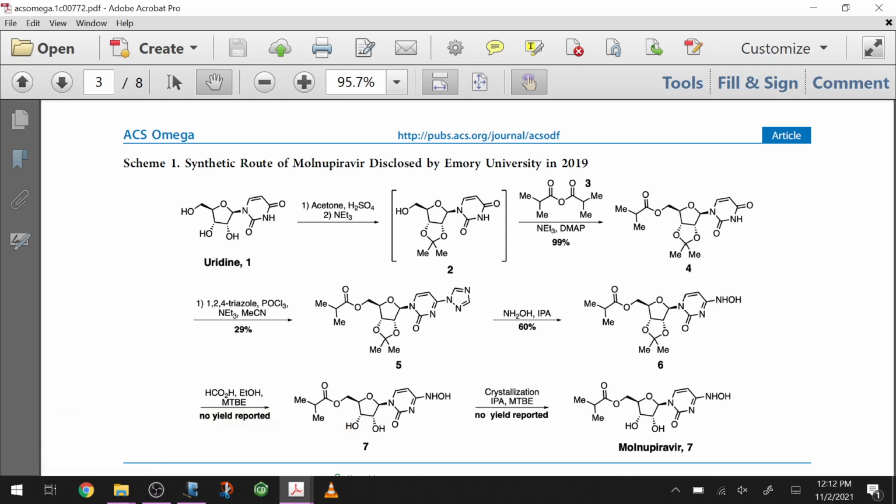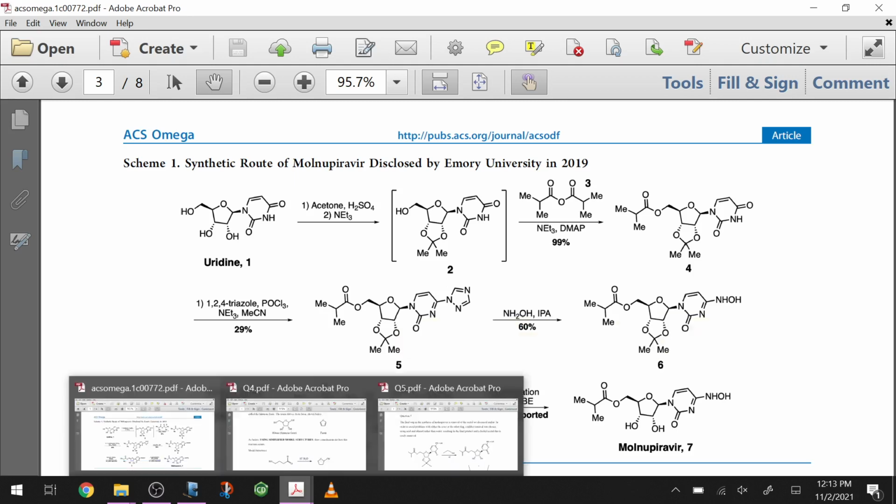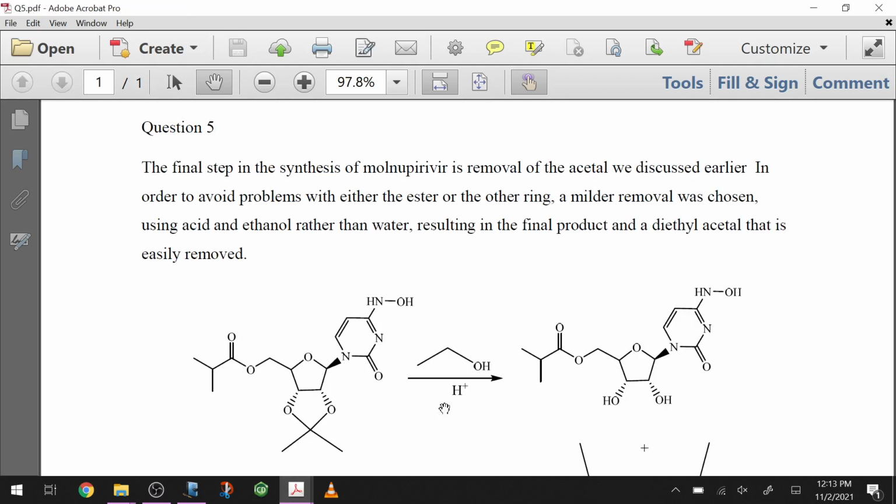So this is a trans-acetalization. We're going from this diol being my acetal to now having an open chain diethyl acetal. So those two ethanols are going to replace these two OR groups that are connected together to make the cyclic acetal here. So let's look at the question as written. Here it is.